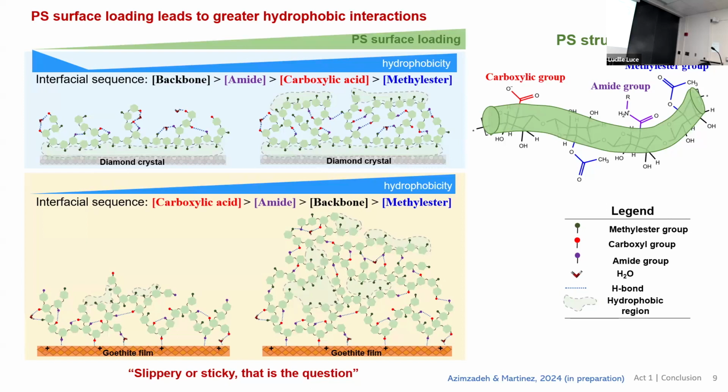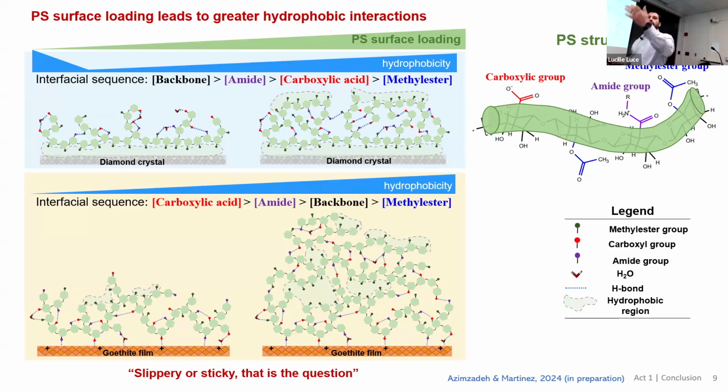What we learned in the interfacial sequence for those functional groups, you can see the functional groups here. This is the polysaccharide structure: carboxyl groups, amide groups, and methyl ester groups, and this is the backbone. If the surface is diamond, a hydrophobic surface, the backbone, which is a hydrophobic component, will start to show up at the surface.